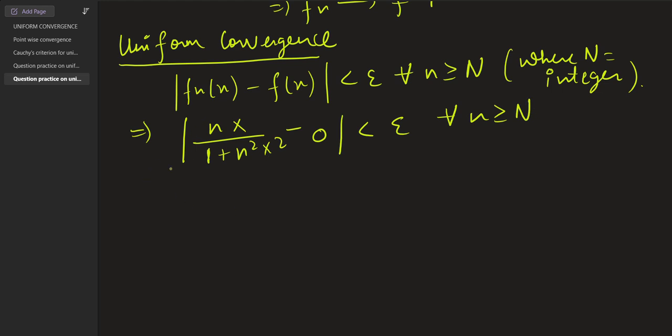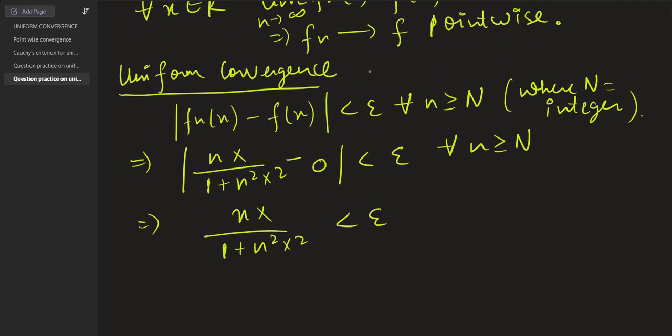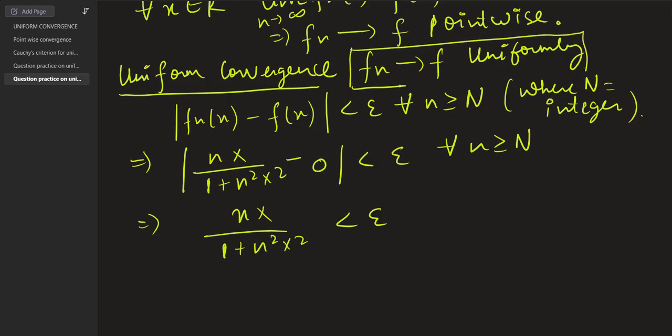So we have to put here modulus of Fn x minus 0 is less than epsilon for all n greater than or equal to N. If we take the modulus, you get nx upon 1 plus n square x square is less than epsilon. Now we have to choose something, because initially we assumed Fn converges to f uniformly. So this definition can be applied.